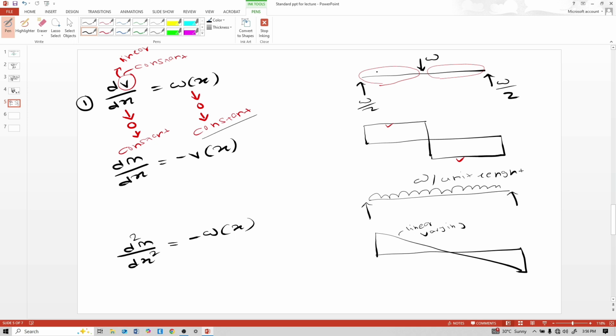Here shear loading is 0. That means here shear force line is constant.